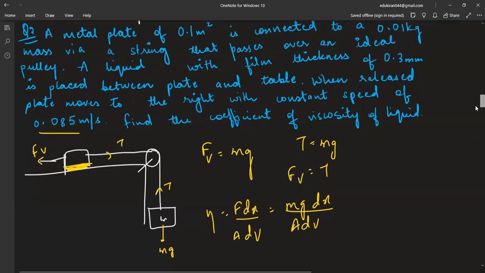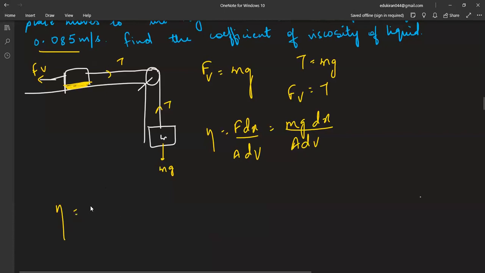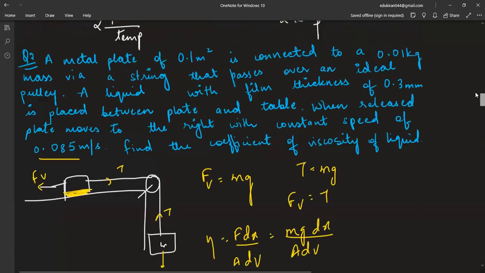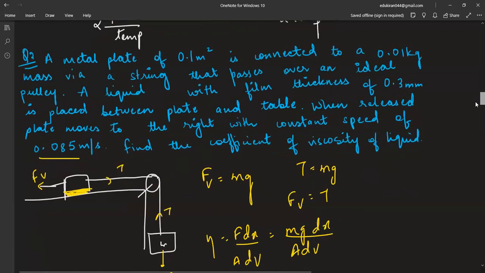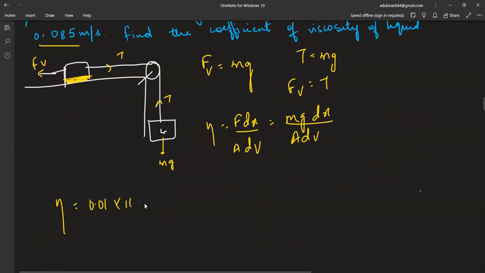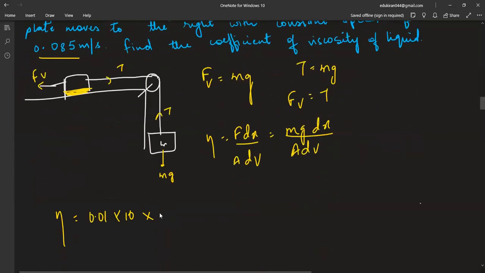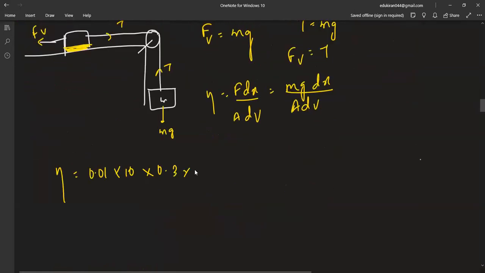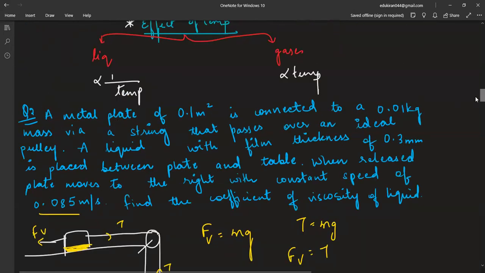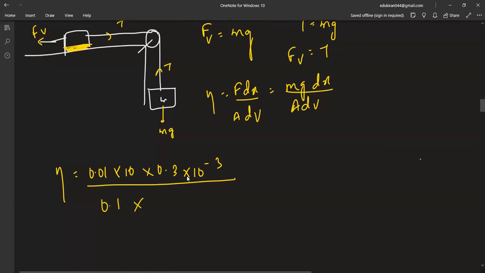That's why. So when we put in the values, eta will be equal to the mass, 0.01 kg, so 0.01 into 10 into dx, which is 0.3 millimeters, so 0.3 into 10 to the power minus 3. Area is also given, the metal plate of 0.1 meter square, so this is 0.1.